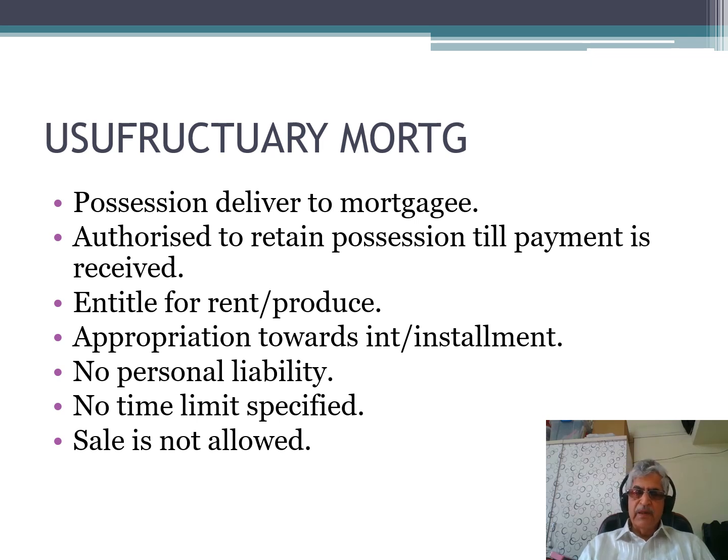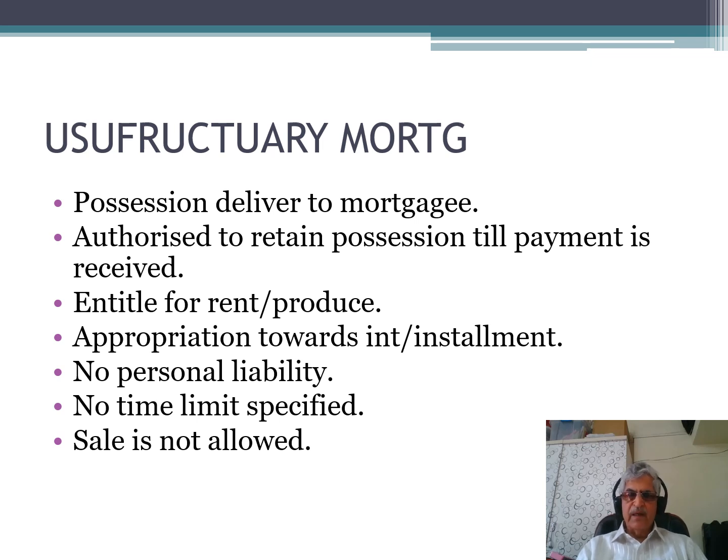Then that possession can be retained till the entire amount is received or recovered from the mortgagor. There is no time limit. If any income is generated from that property, it is to be appropriated by the mortgagee toward rent and installment.